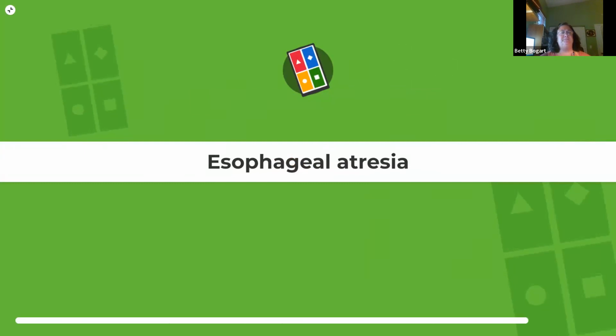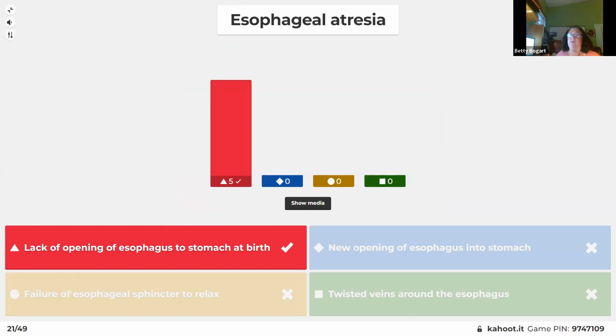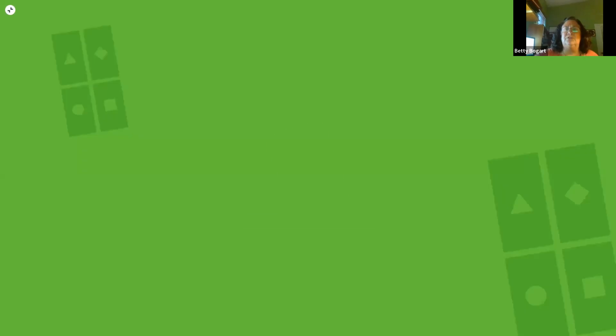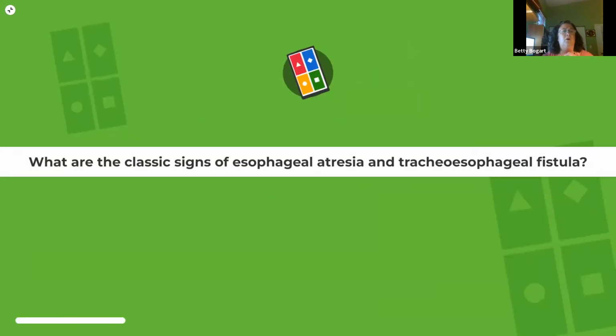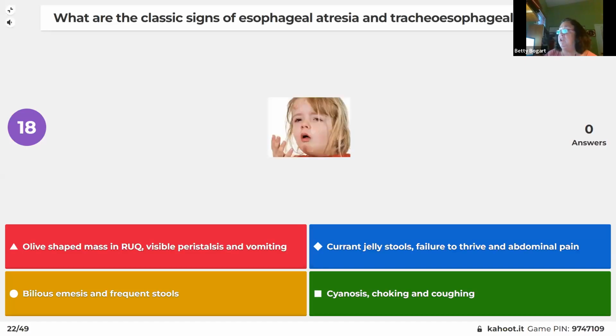Esophageal atresia. What's that? So esophageal atresia is when you don't have an opening from the esophagus to the stomach. I've actually seen one child with both the TEF and the esophageal atresia. Beautiful little girl. What are the classic signs of esophageal atresia and tracheoesophageal fistula?